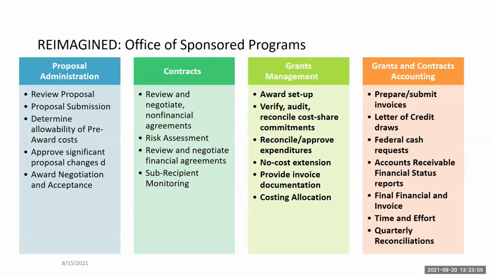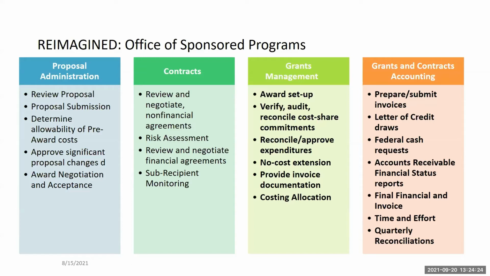So we were previously referred to as just proposal administration and post-award, but there is so much more than that generically. So we've created 4 units: proposal administration, contractual agreements, grants management, and grants and contract accounting.